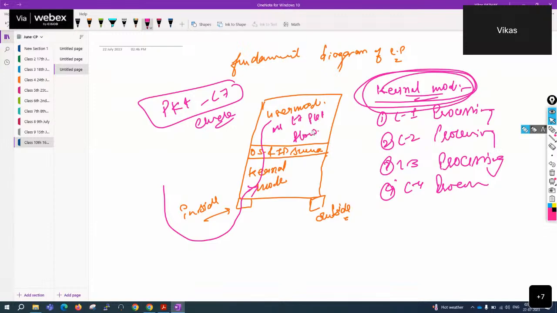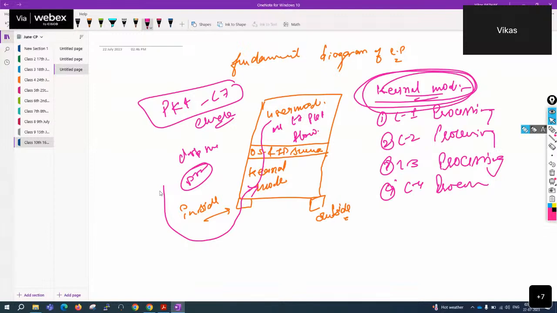But you need to understand one thing: this user mode does not have the authority to drop the packet. So when the traffic goes to the user mode, it will try to inspect it for all the features which are enabled or purchased by the customer.